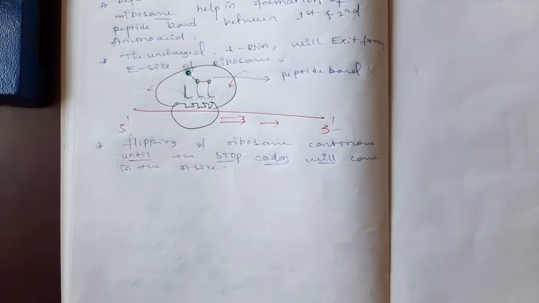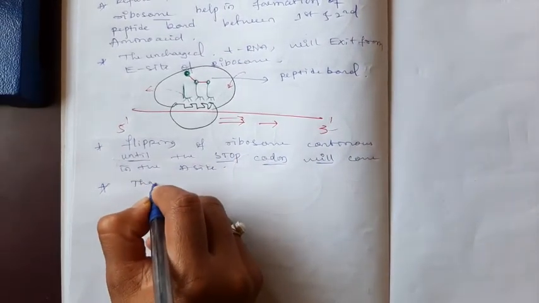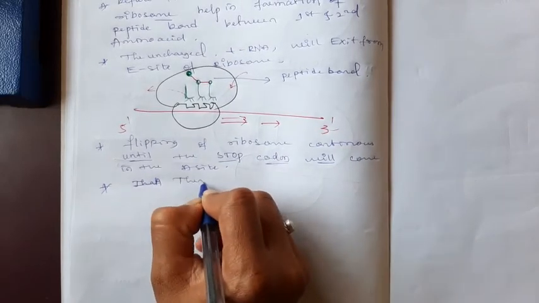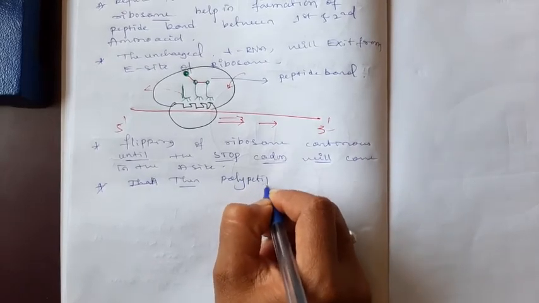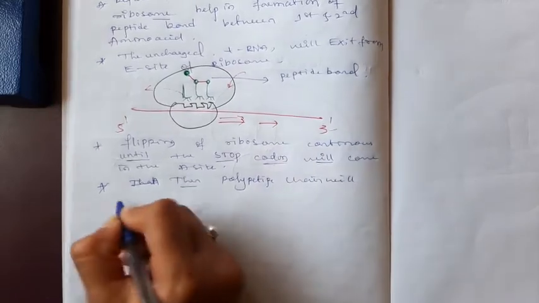Okay, when the stop codon comes, that time the polypeptide chain will form.